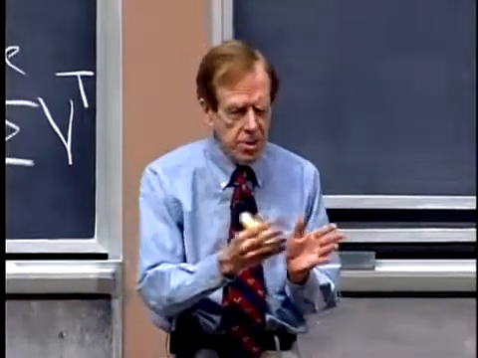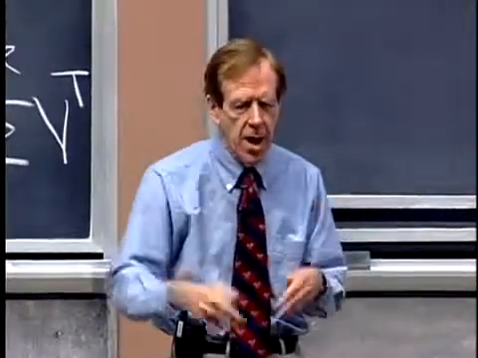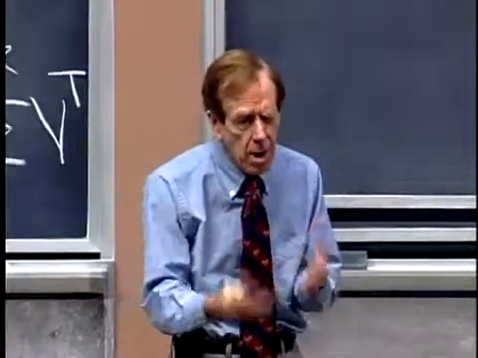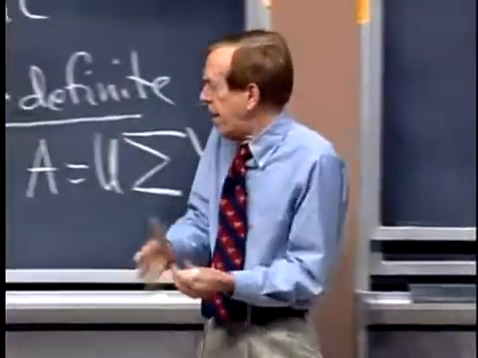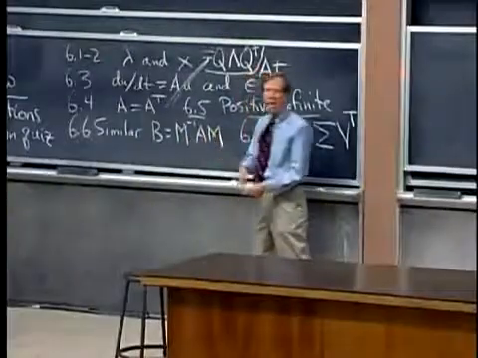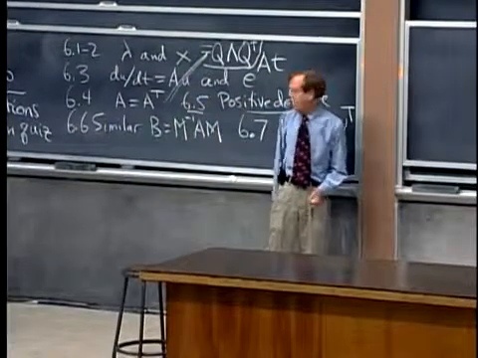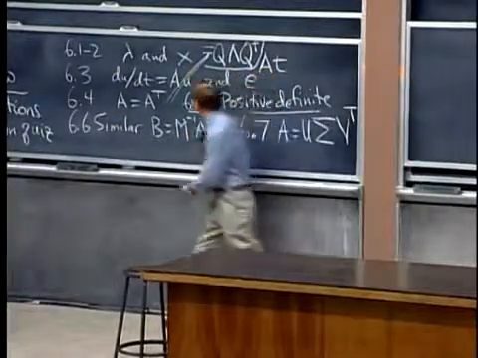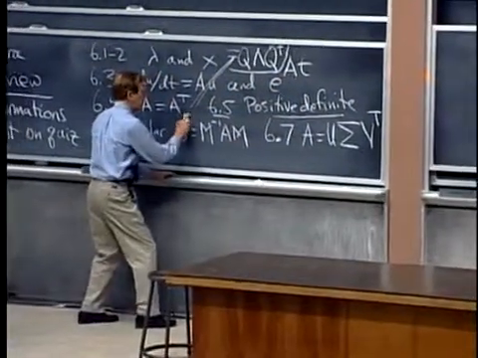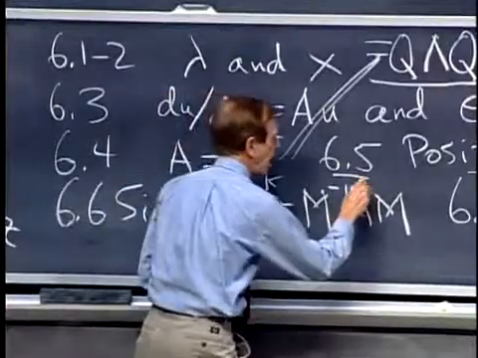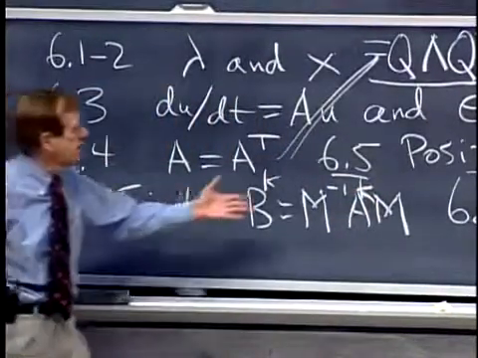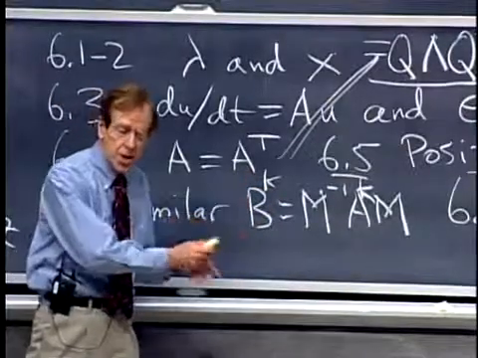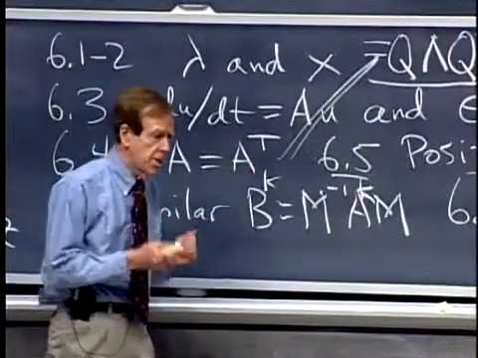Powers of A will look like powers of B, because powers of A and powers of B only differ by an M inverse and an M on the outside. So if these are similar, then B to the kth power is M inverse A to the kth power M. And that's why I say this M does change the eigenvectors, but it doesn't change the eigenvalues.